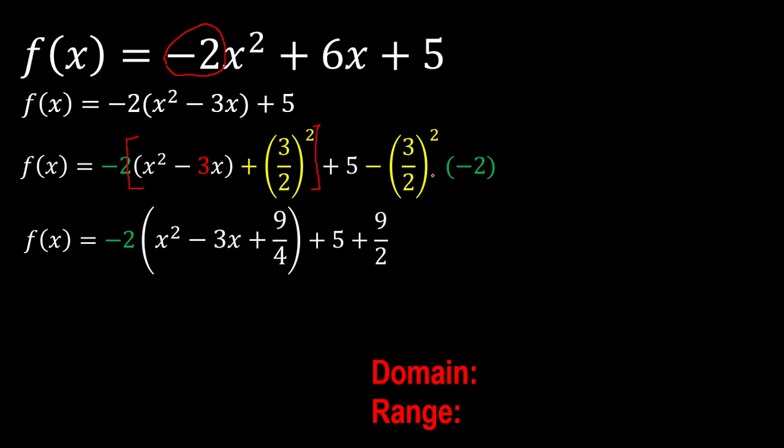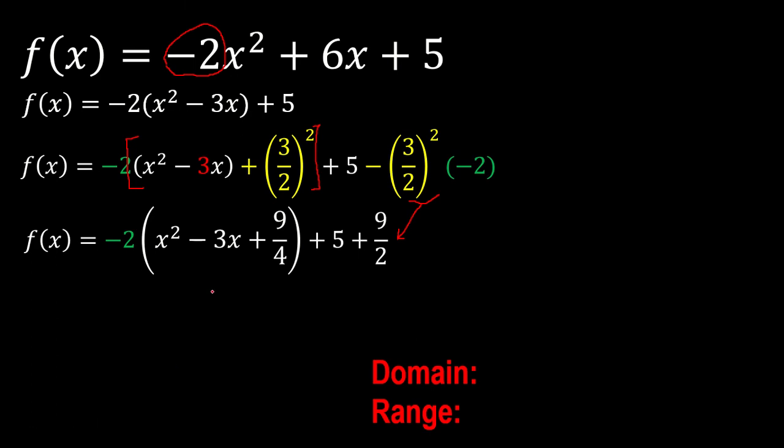Okay, and then we have here 5, and then negative 3 over 2 squared is 9 over 4, times negative 2. Negative 9 over 4 times negative 2 is 9 halves. The product of this one is 9 halves. So let's simplify.